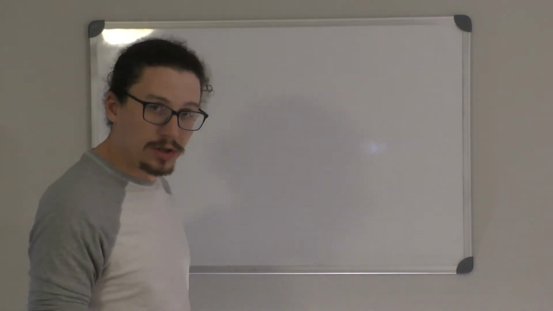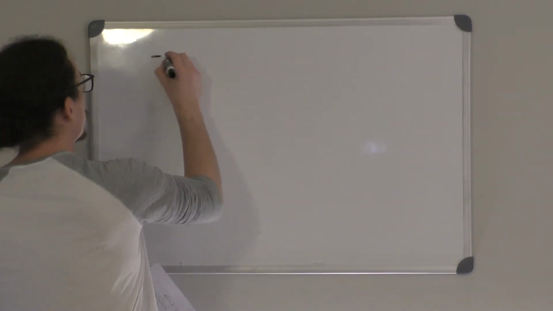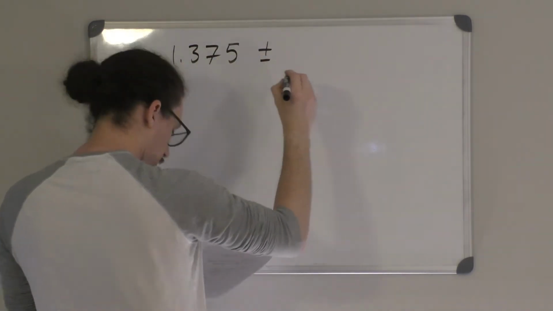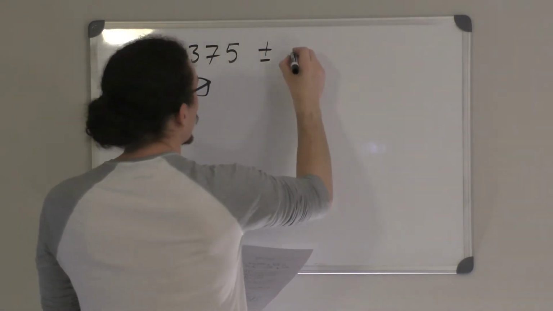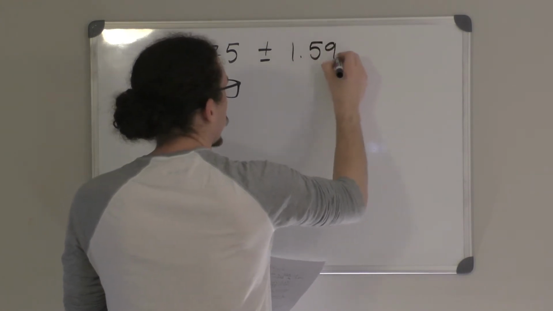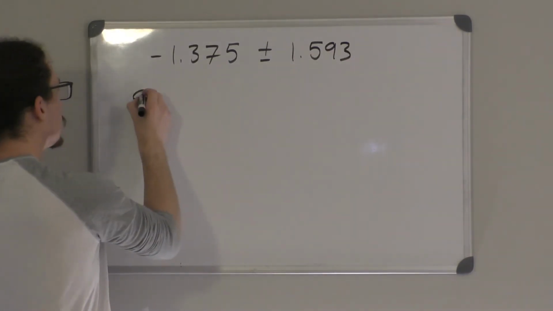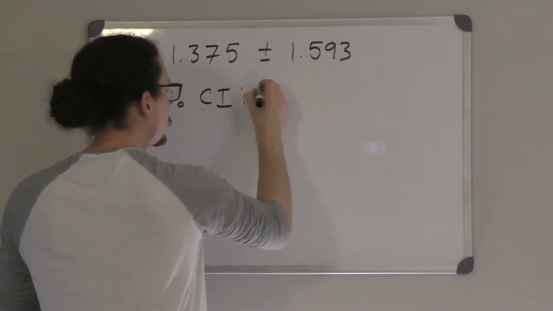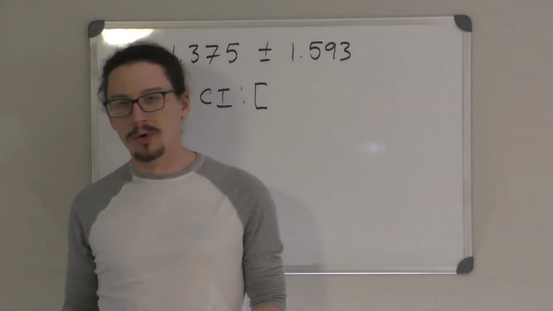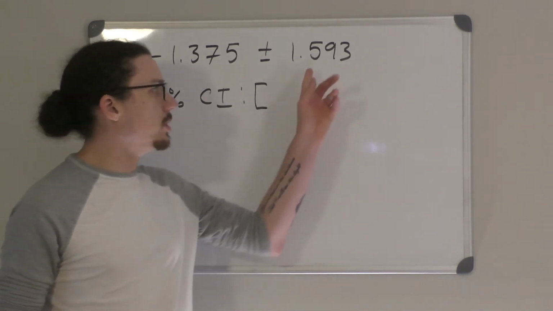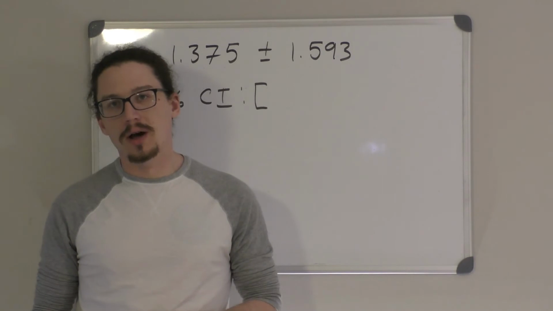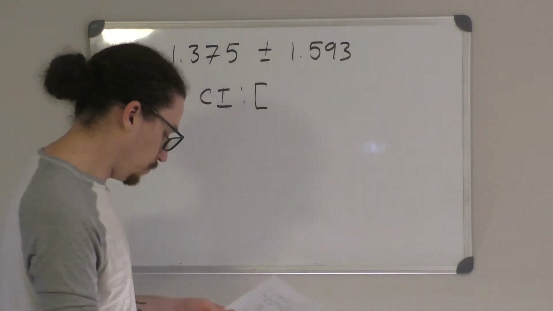We'll return to the last step: negative 1.375 plus or minus 1.593. At that point we were all but done. The only thing left to do is add and subtract that margin of error from our estimate B1.